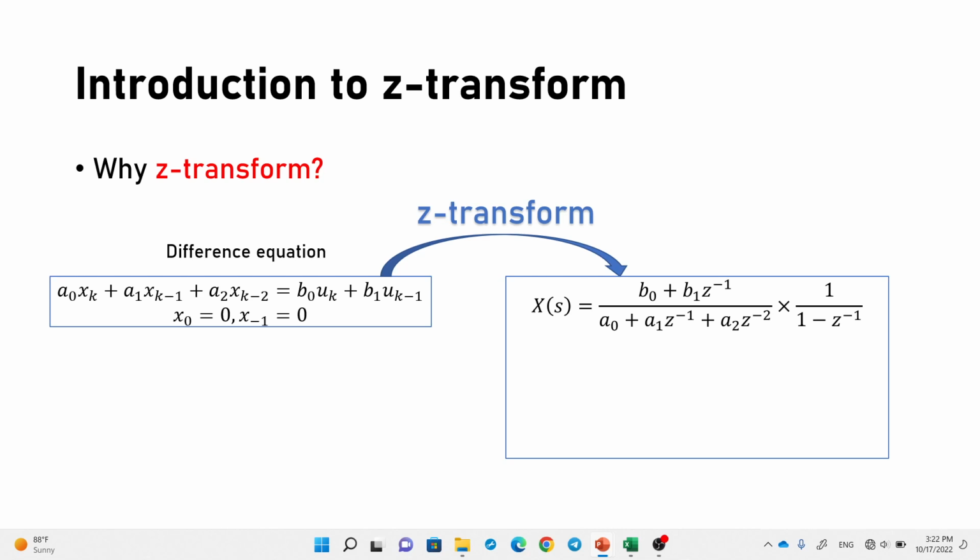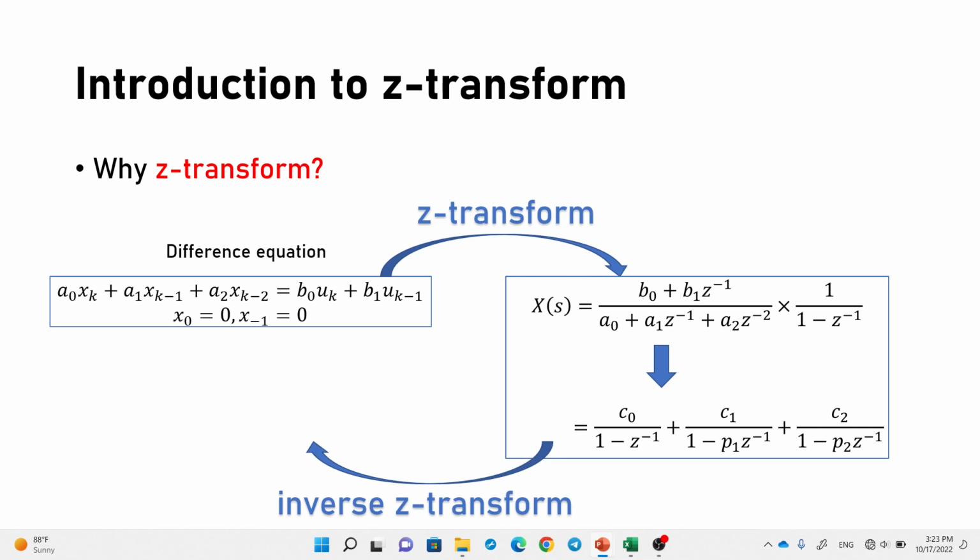From here, you can transform the input into Z transform as well, and then you can manipulate it into a canonical form like this, and then you can find the inverse Z transform to get the solution of h in the k domain. Actually, k represents time as well, okay?